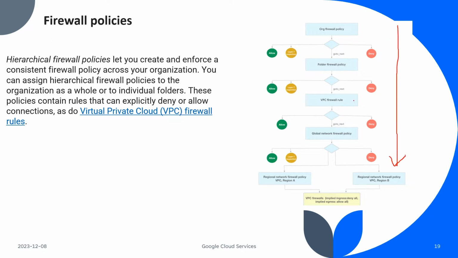Whichever policy applies here will win. If you allow here, it will win, and if you deny the same policy here, it will not be applied because you have already allowed it at the VPC firewall rule. And then you have something called regional one.